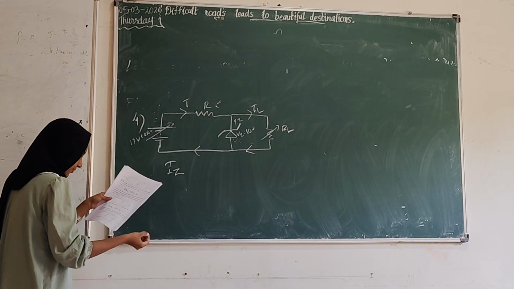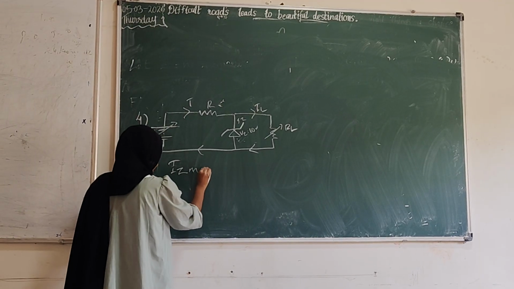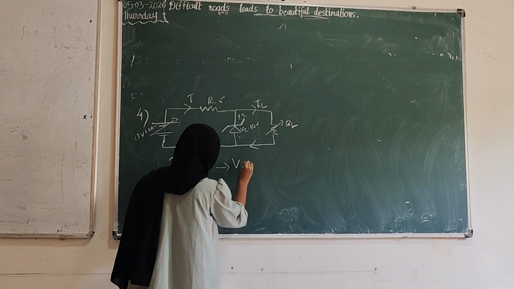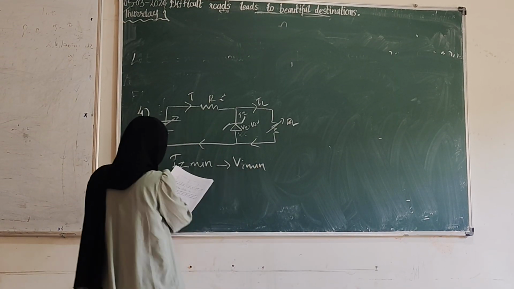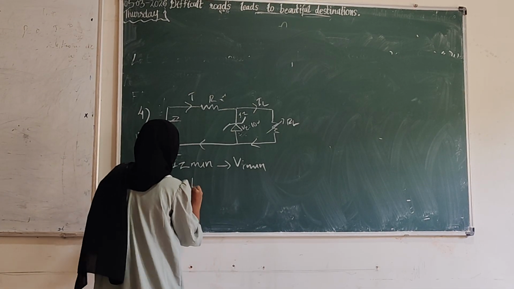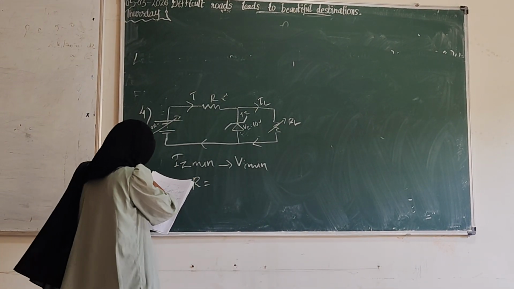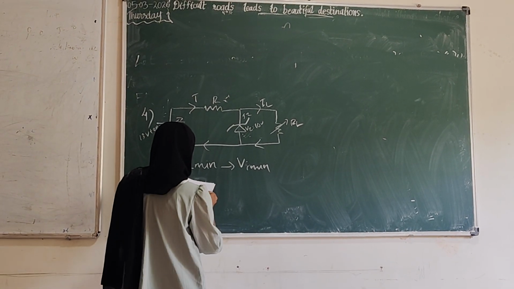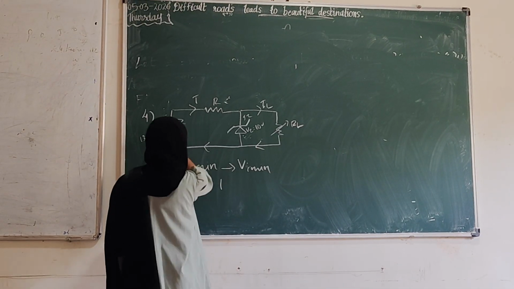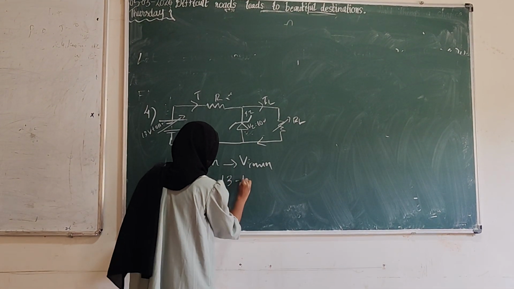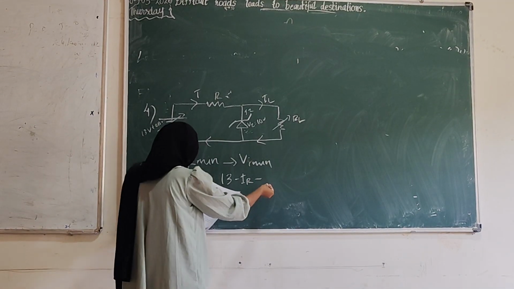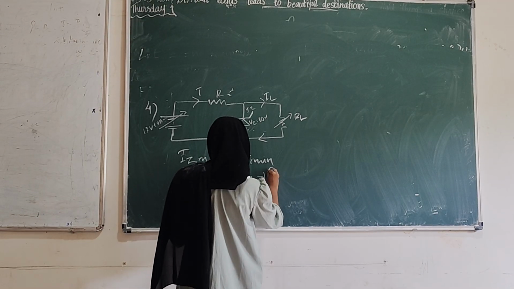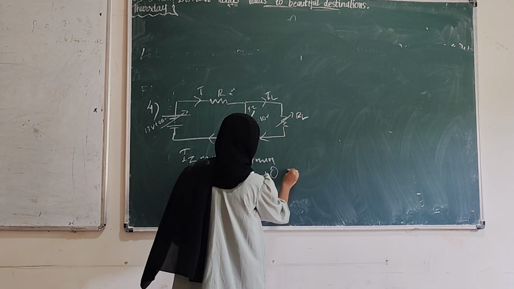So the zener diode will conduct minimum current when input voltage is minimum. So same procedure, applying Kirchhoff's law. Here we consider the minimum voltage, 13 minus IR minus 10 is equal to 0.